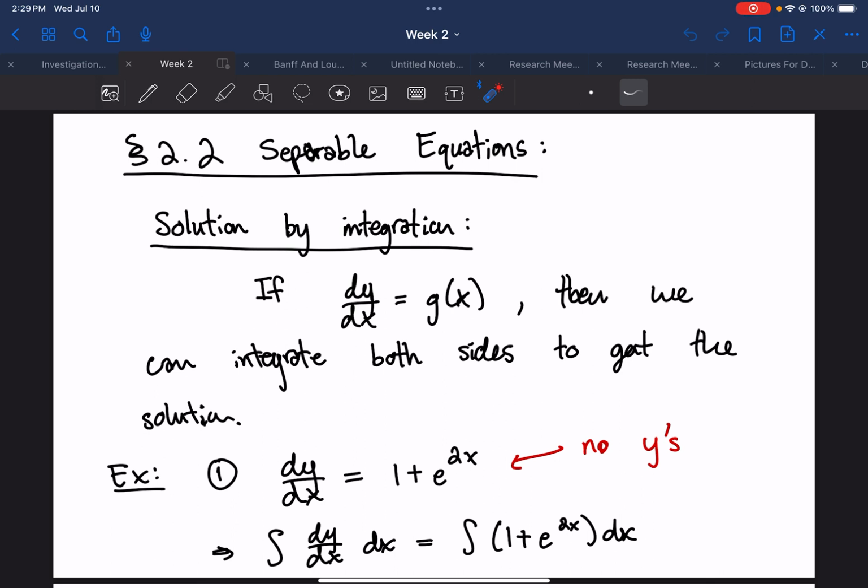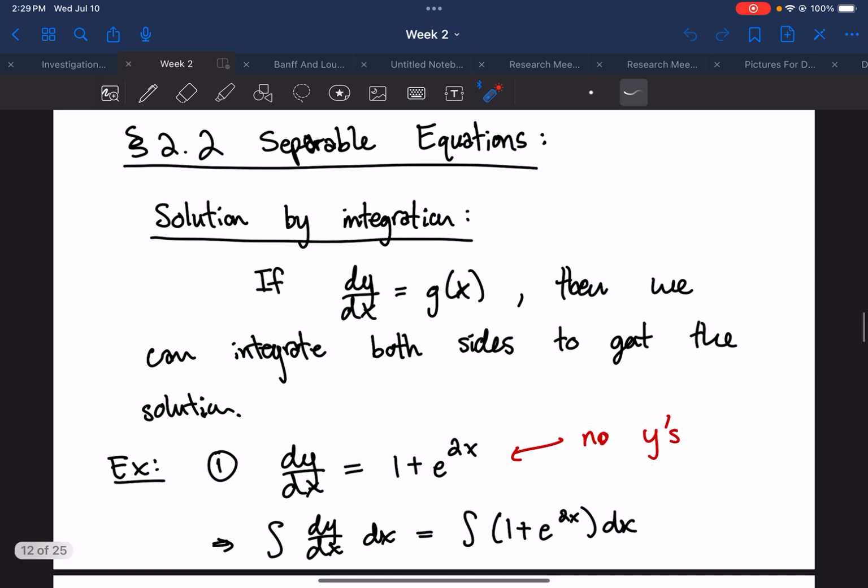And sometimes we don't even have to do the separation part. Sometimes we can just do the integration part. And that's this first kind of problem. Solutions via integration. If someone hands you a differential equation of the form dy dx equals some function of the independent variable, all you have to do to solve for y is to integrate both sides dx.